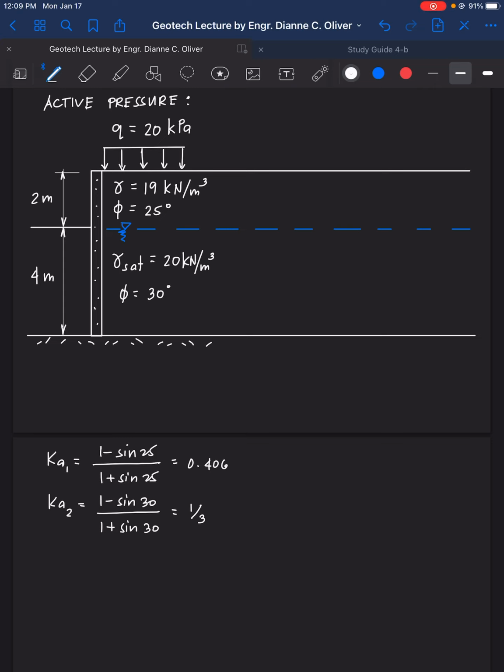Okay, let's start with the surcharge. Let's position it here. So this is the surcharge part. Let's find the value for P sub 1.